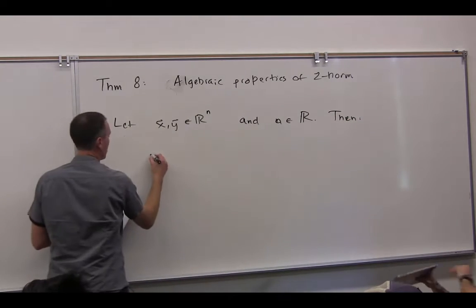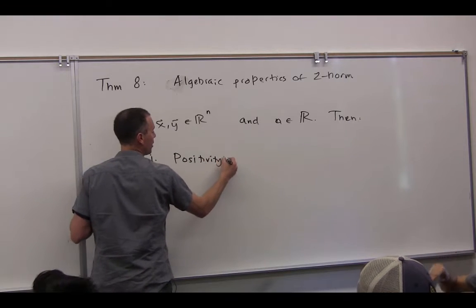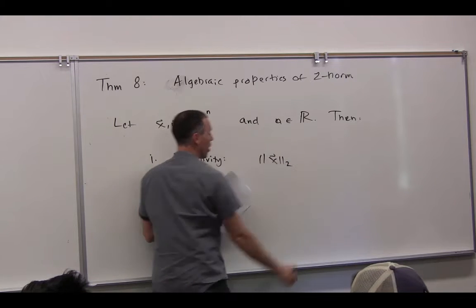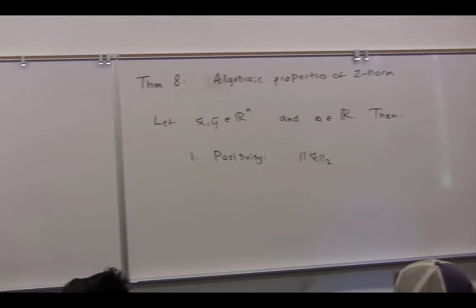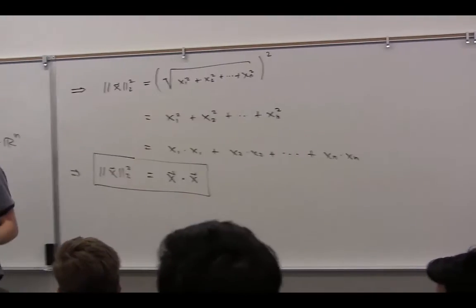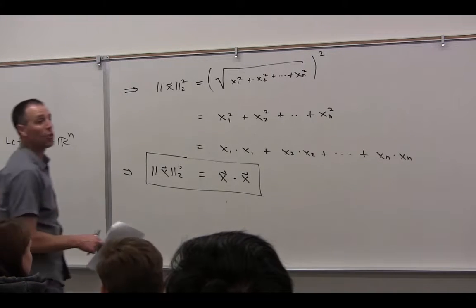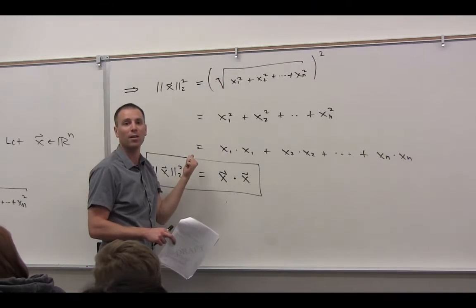All right? So the 2 norm has this thing called positivity, and that is very much related to positivity in the inner product. Could you guess what we always say about the 2 norm? Here's the hint. What do we do when we take the 2 norm? We literally square each of the entries, sum up all those squares, and then take the square root.